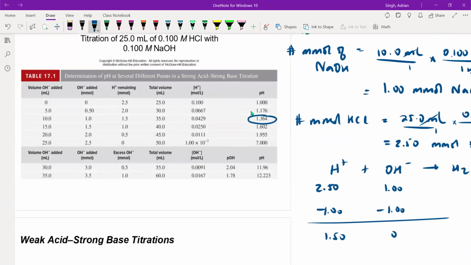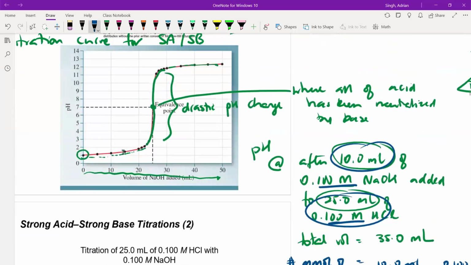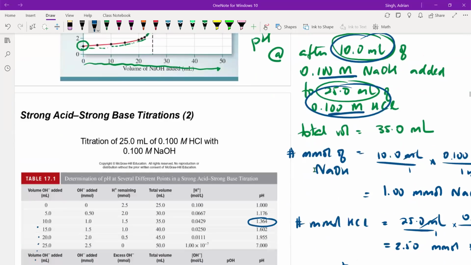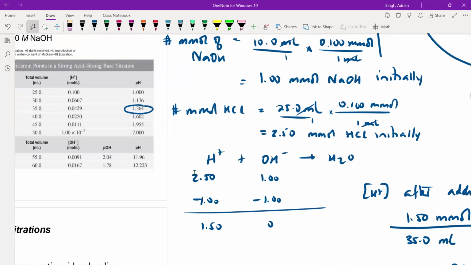And we can go through and do that with all of these different time points, all of the different volume points along the addition over here. The thing to keep in mind with this strong acid, strong base is that these two things will react in a 1-to-1 ratio completely with each other.